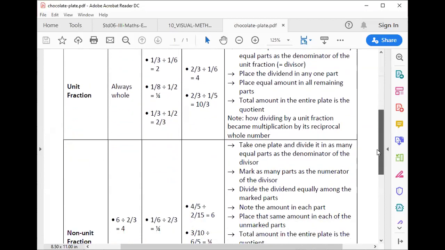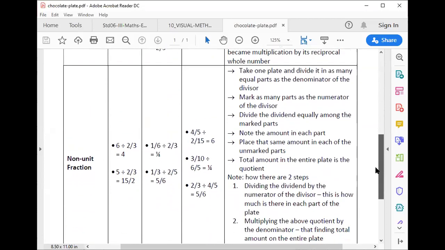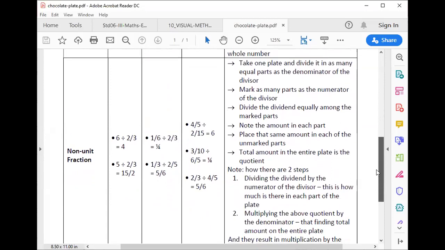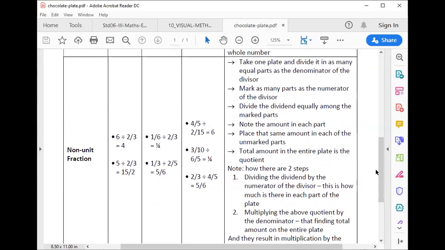Now, this part where the divisor is a non-unit fraction, then things get a bit more complicated and you need to look at it very carefully.